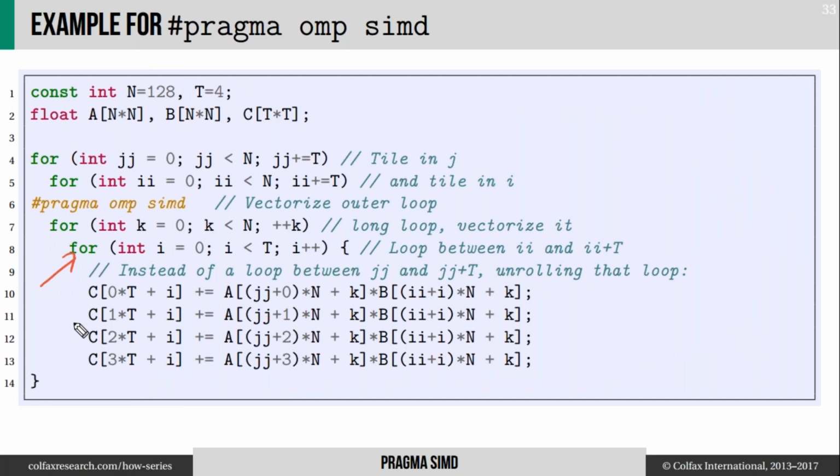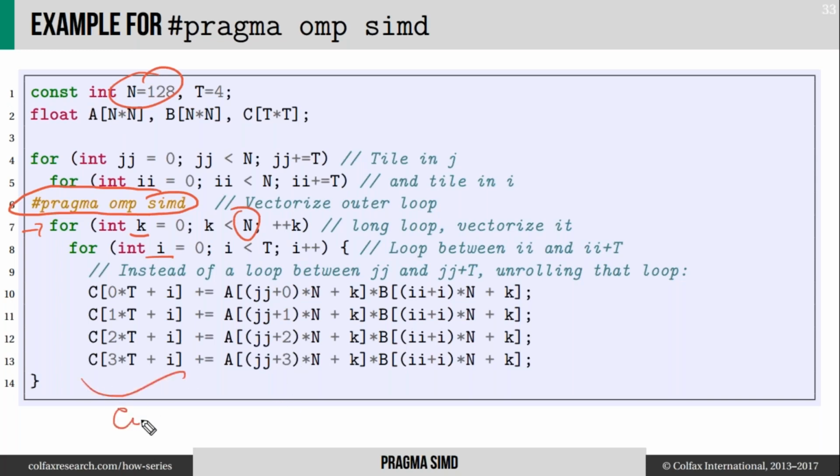But I want the loop in I inside because of the memory access pattern. This is why I'm using pragma omp simd above the K loop. It will force K loop vectorization and disable I loop vectorization. K is a good idea because K ranges from 0 to n, so n is a multiple of the vector width.